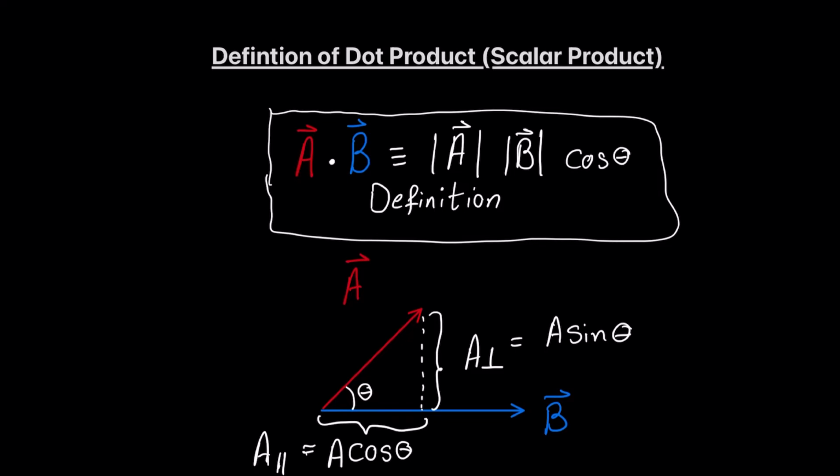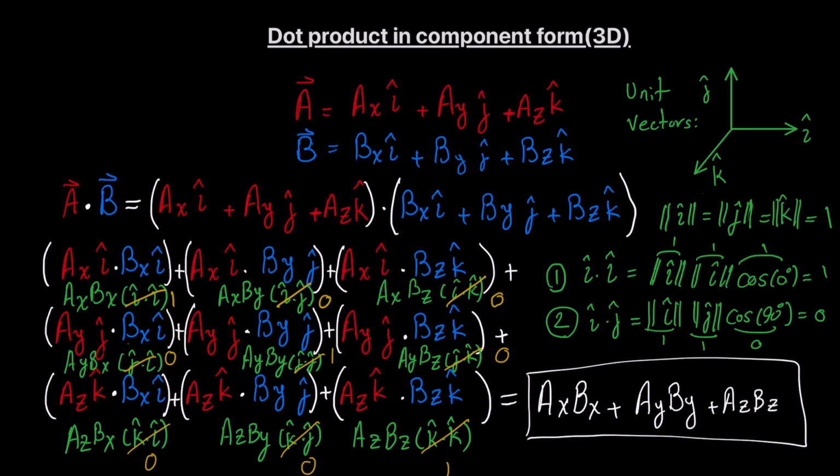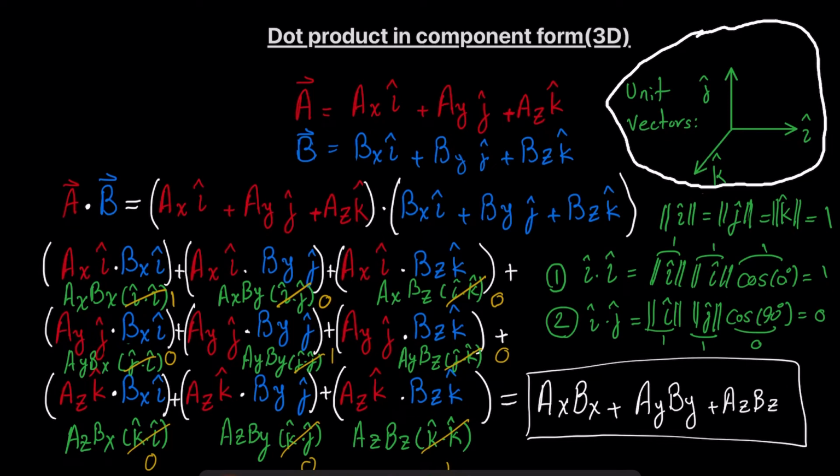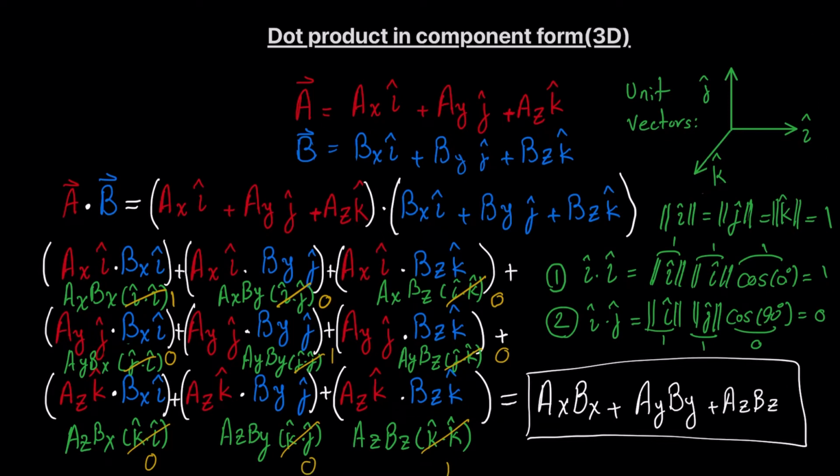But what about the case where we're given the component form? Here we have two vector equations, A equals, and I'm doing this in 3 dimensions. I hat, j hat, and k hat are the unit vectors in 3D. I hat is in the positive x direction, j hat is in the positive y direction, and k hat is in the positive z direction.